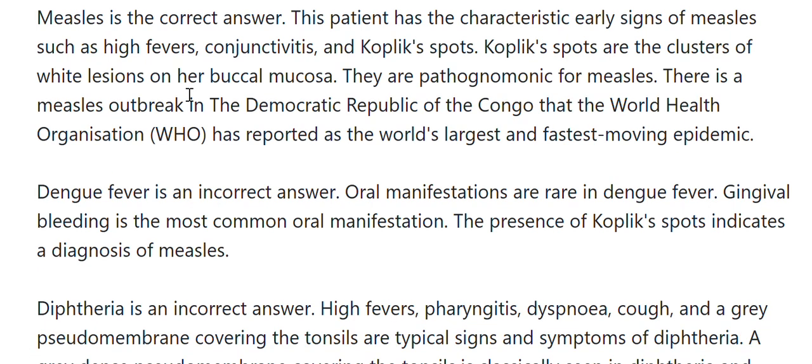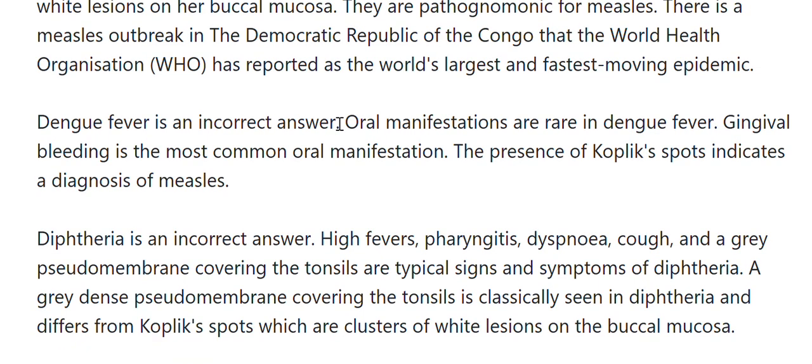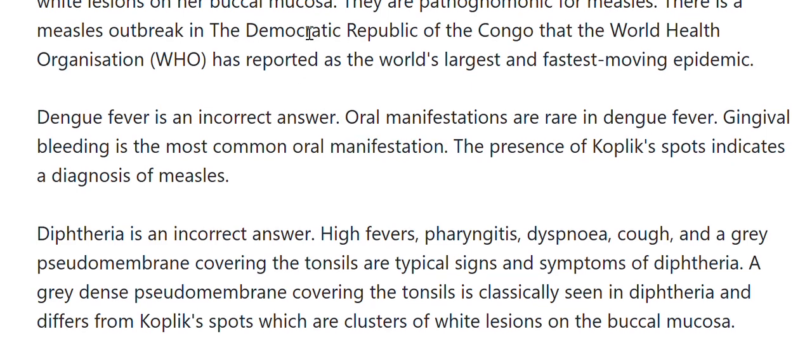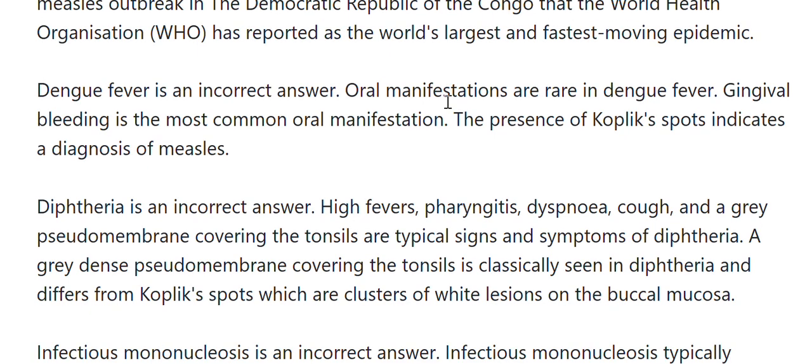Koplik spots are the clusters of white lesions on her buccal mucosa. They are pathognomonic for measles. There is a measles outbreak in the Democratic Republic of Congo that the WHO has reported, the world's largest, fastest moving epidemic.